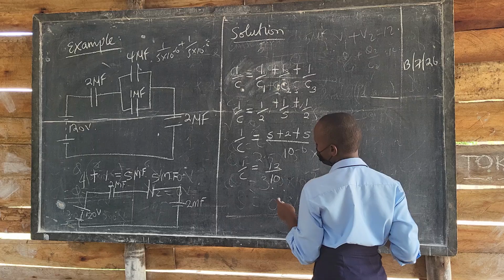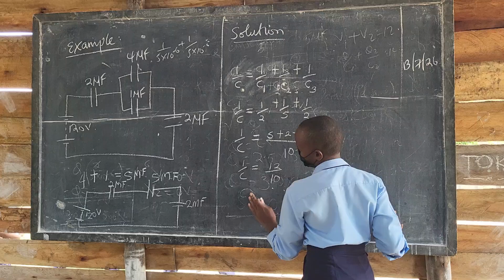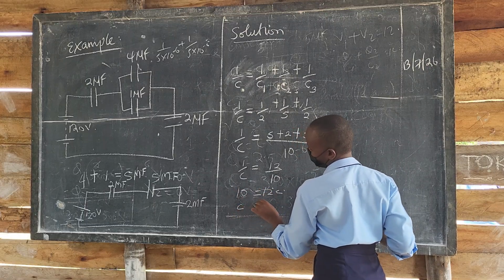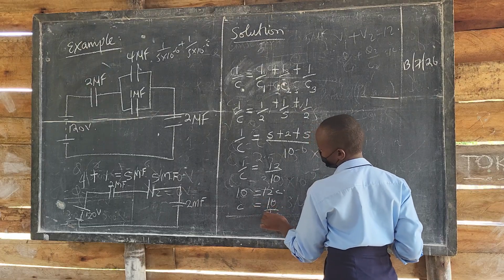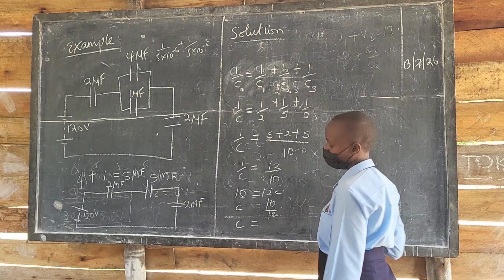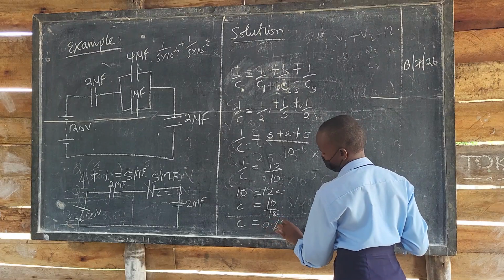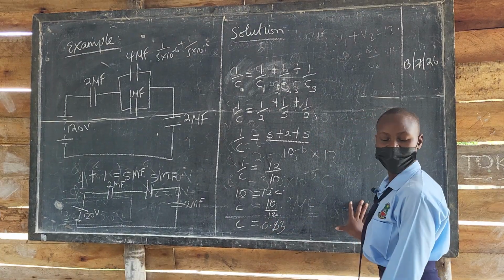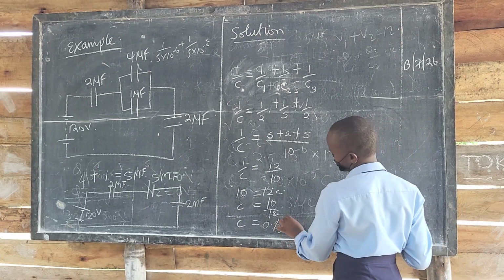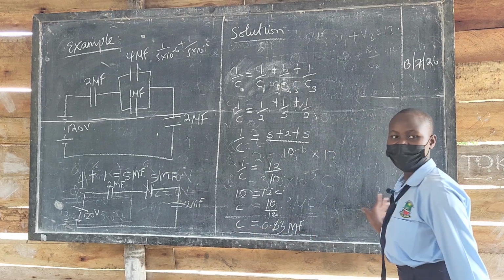By cross multiplication, we shall have 10 equaling 12C. Then we remain with C equaling 10 over 12. Then what is C? 0.83. That is 83 micro. What was the question?